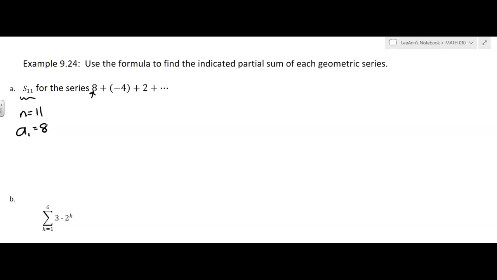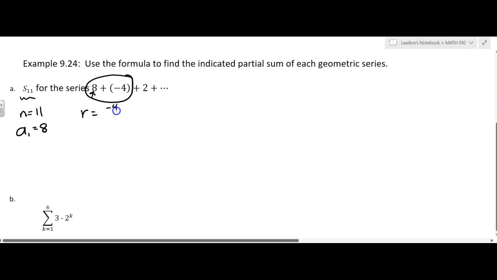Now, how do you find r? They tell us it's geometric. You take two consecutive terms and you put the second one over the first one. So r is equal to -1/2. You could try that and see if it works for the three numbers that you have, but it does. Okay, so we know everything.